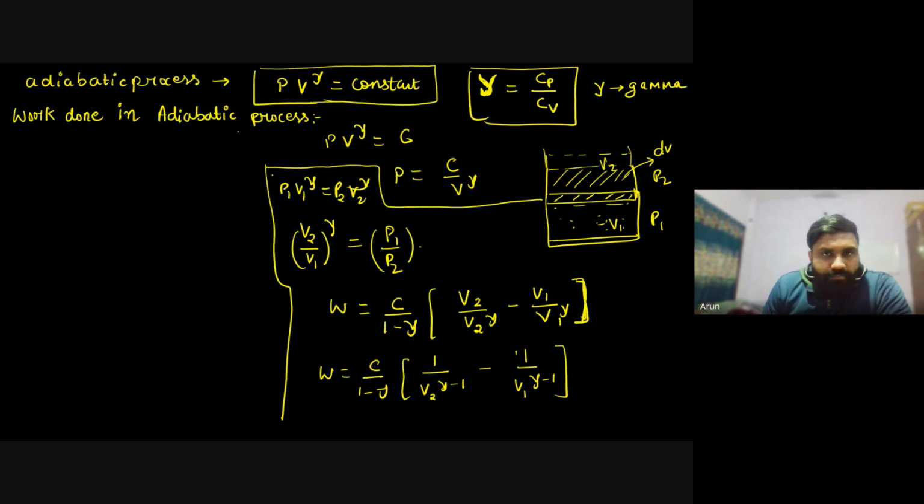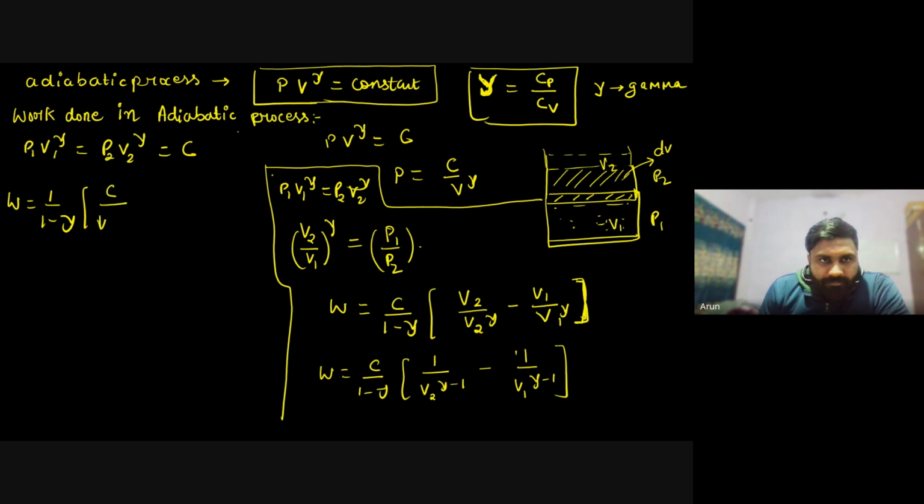Now we know that P1 V1 raised to the power gamma is equal to P2 V2 raised to the power gamma, which is equal to C. So we can put the value of C as either P1 V1 raised to the power gamma or P2 V2 raised to the power gamma. The work done we will have as 1 upon 1 minus gamma, C upon V2 raised to the power gamma minus 1 minus C upon V1 raised to the power gamma minus 1.